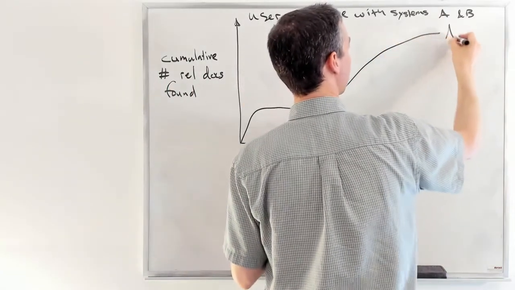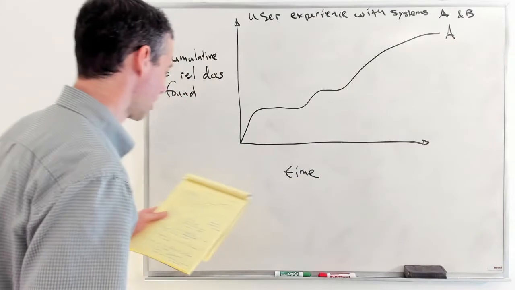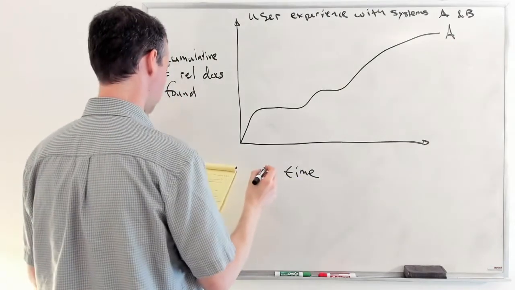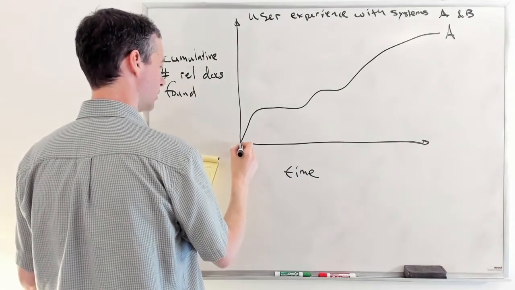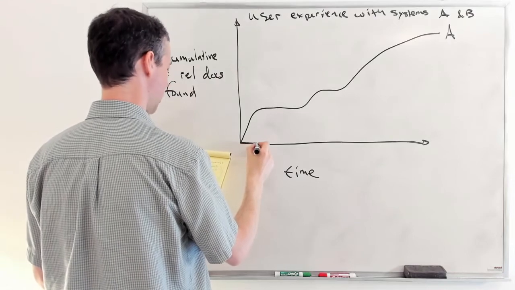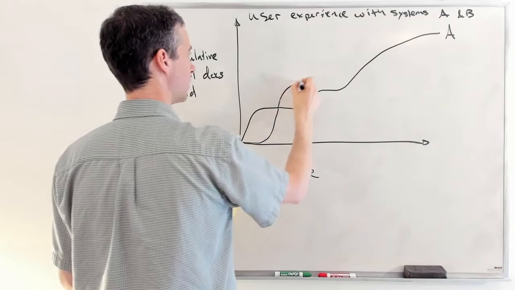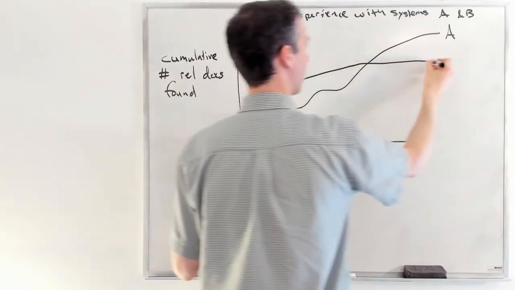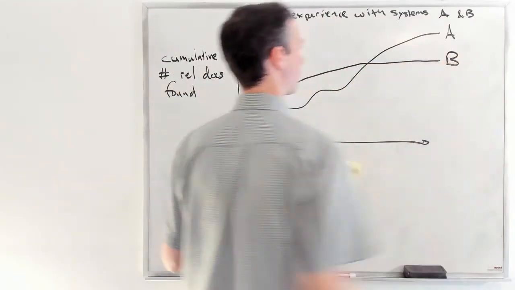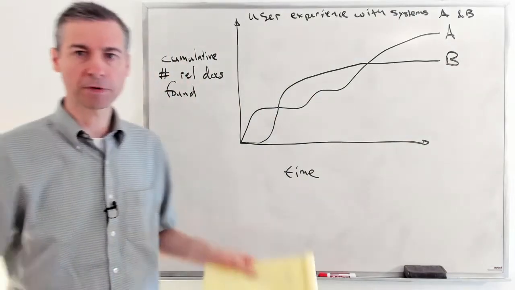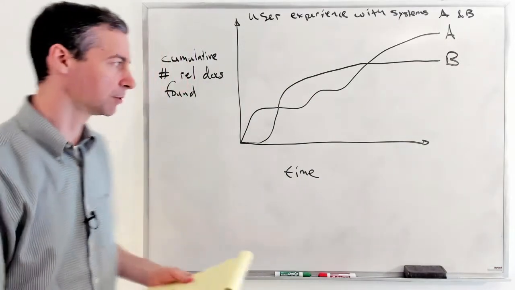And so this is system A. On the other hand, with system B, you get a really slow start. Not much happens, but then it takes off, a rapid rise, but then it also levels off and ends up over here. Okay, this is just hypothetical. This is an illustrative example.